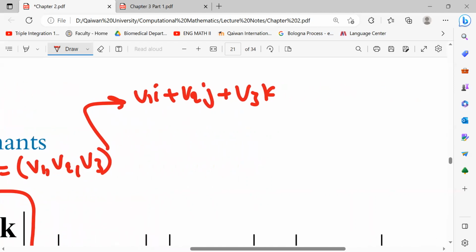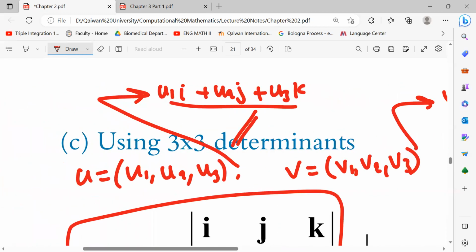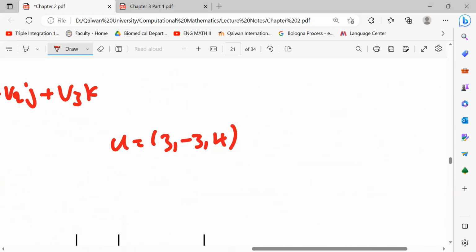Now, what if we have, let's say, u to be 3, minus 3, 4? How to write this in the other form? You say it is 3i minus 3j plus 4k. That's it.